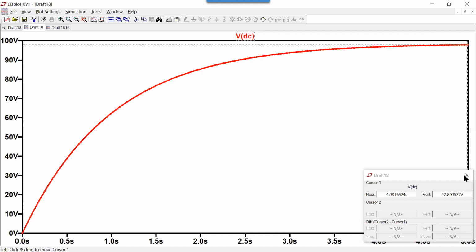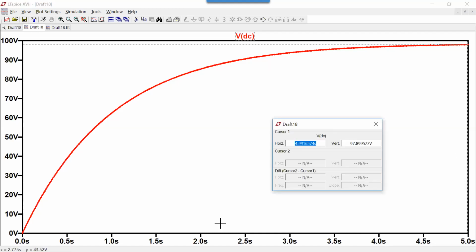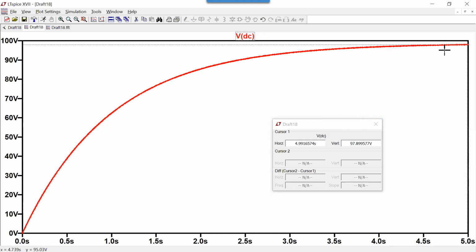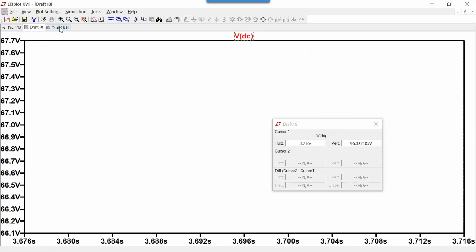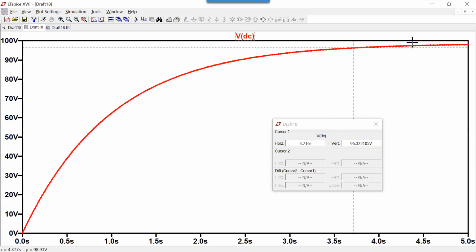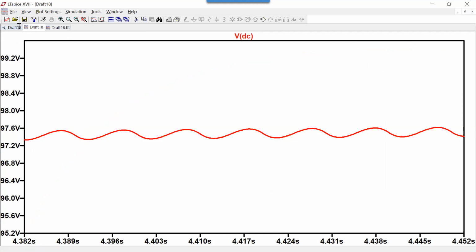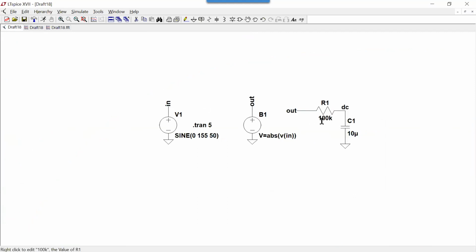By using that small time constant, it took a while to get there. The good thing is, though, if I zoom in, the ripple is less than 0.4. It's about 0.4. Well, I'd like it to be able to work faster.